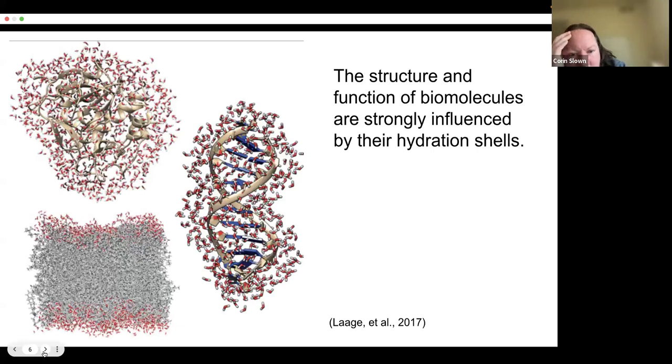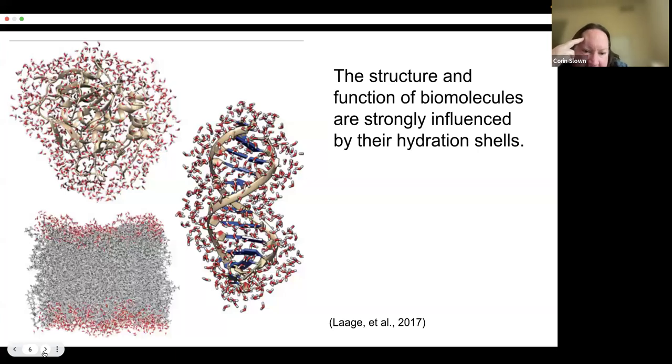The really cool part about this, which is just fascinating when you think about macromolecules and their general structures, is you can actually influence the behavior of biomolecules based on their hydration shells, whether there's a lot of water present or a little bit of water present.